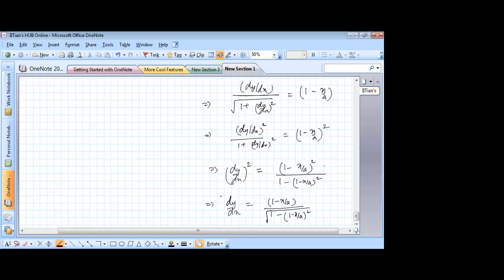This kind of equation we are getting. Yes, Ganesh, I think this is the equation you have also sent. Okay.